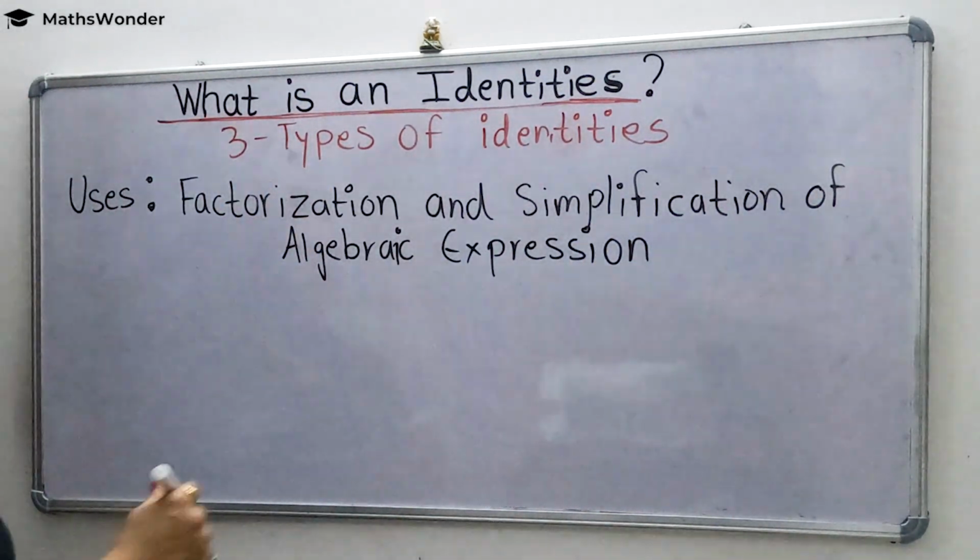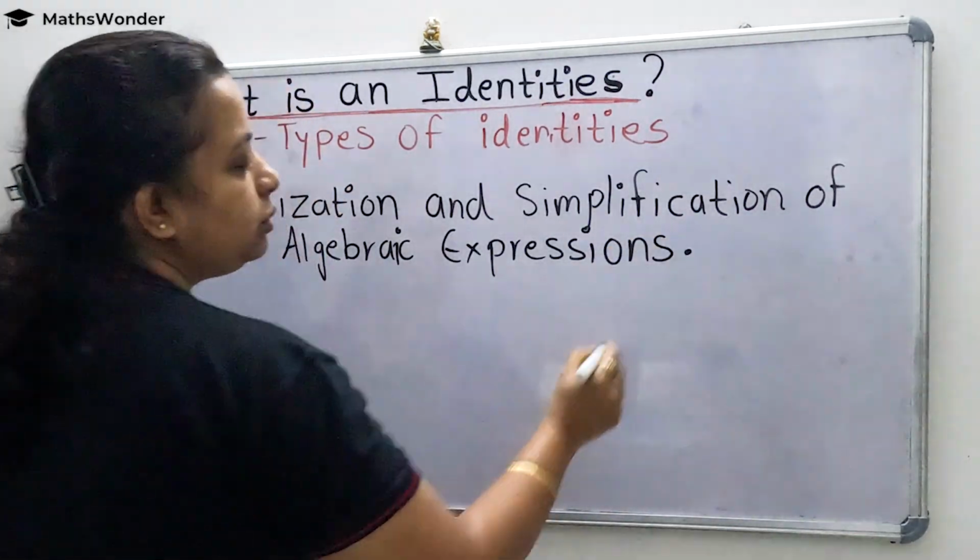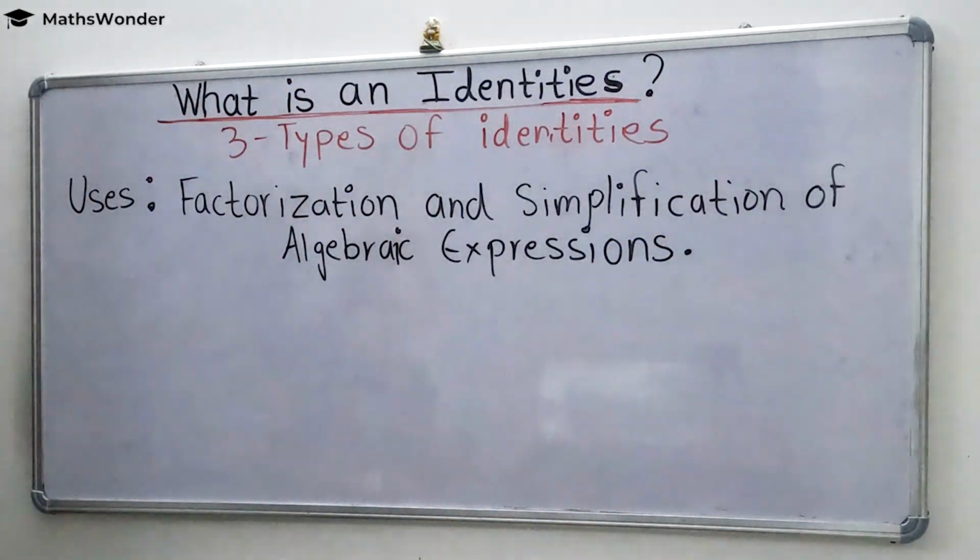It's very useful actually, because when you multiply the normal way, it will take time, and the chances of mistakes also definitely increase. But if you use the identity, you can get your answer easily and save your time also. So these are very important and useful identities.